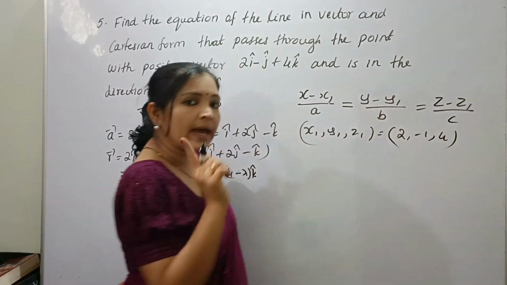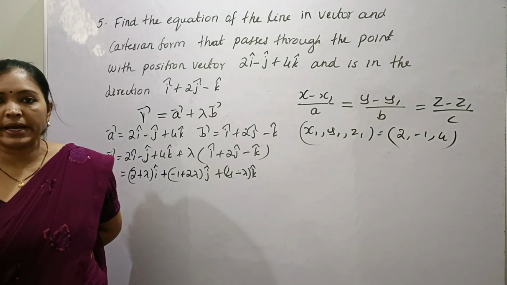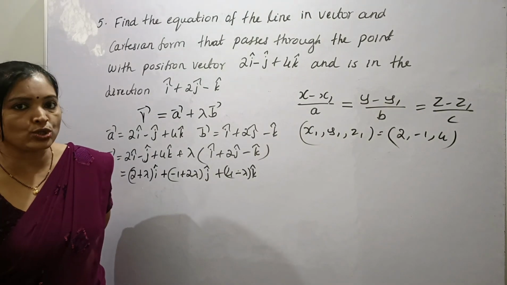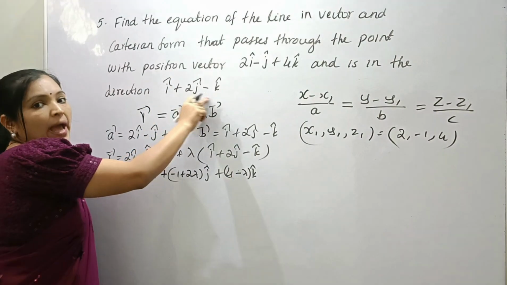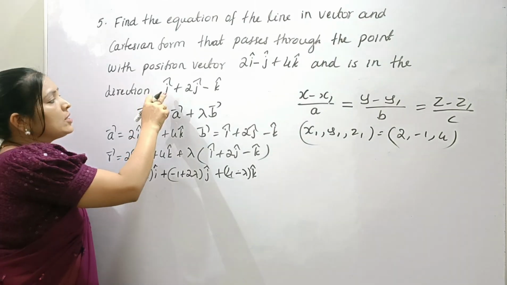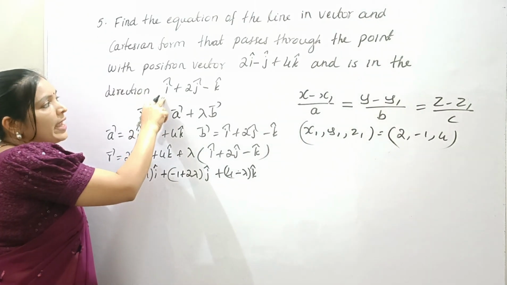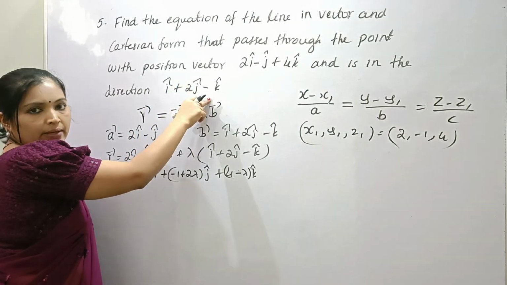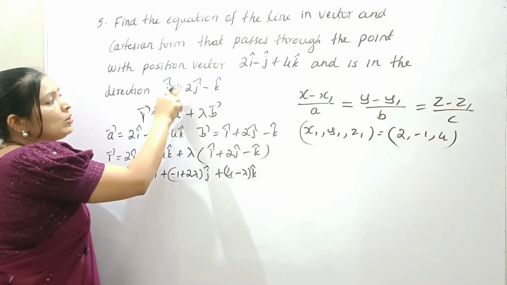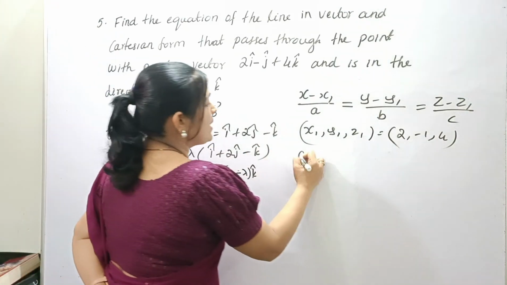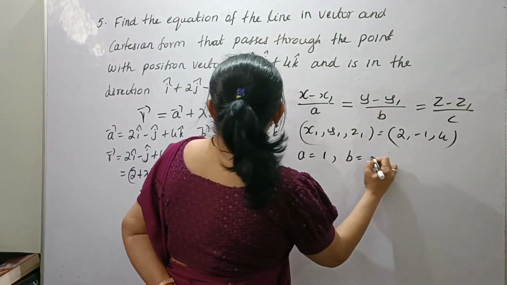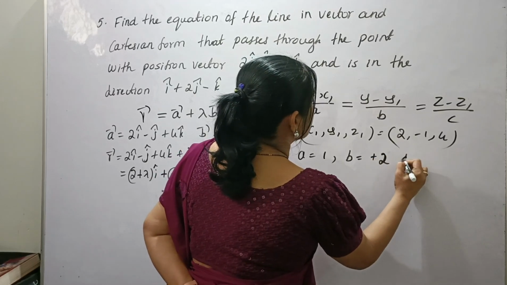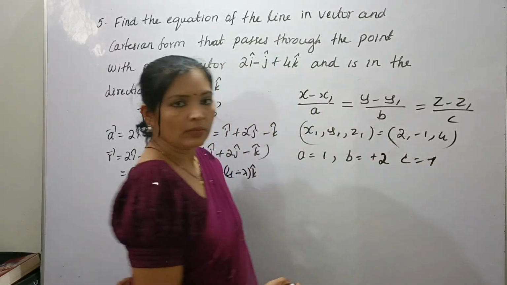And a, b, c are the direction ratios of the line, that is, the parallel vector, which is ai + bj + ck. So a, b, c are 1, 2, −1: a is equal to 1, b is equal to 2, c is equal to −1.